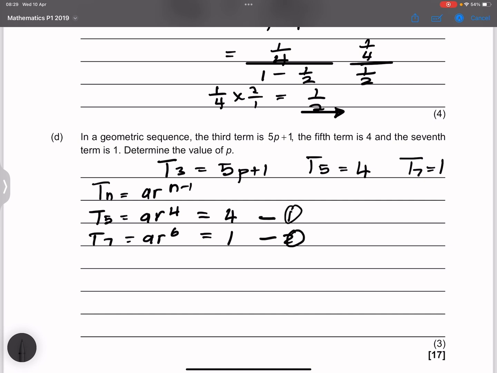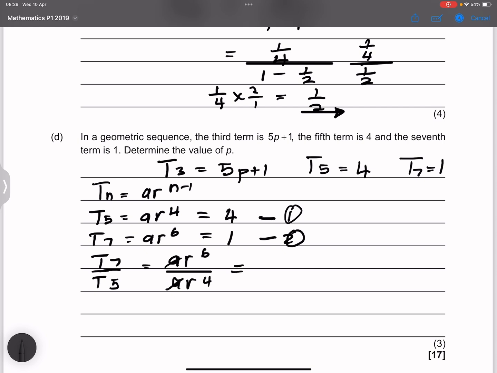And what are we going to do? Let's take T5 divided by T7. In fact, just to make it easier, let's take T7 over T5. So equation 2 over equation 1. So that's ar^6 over ar^4, and you'd see the a cancels out.